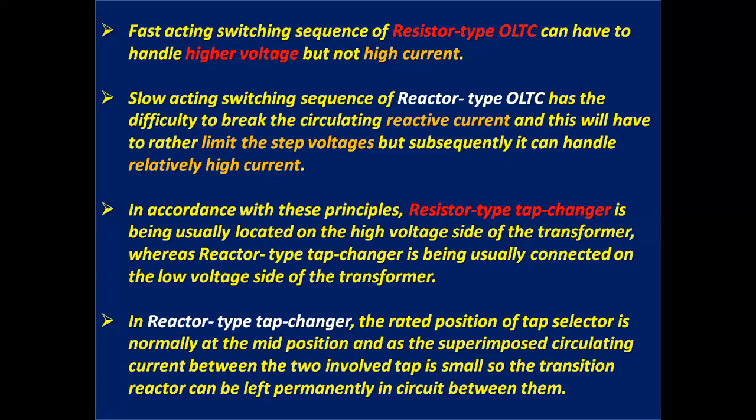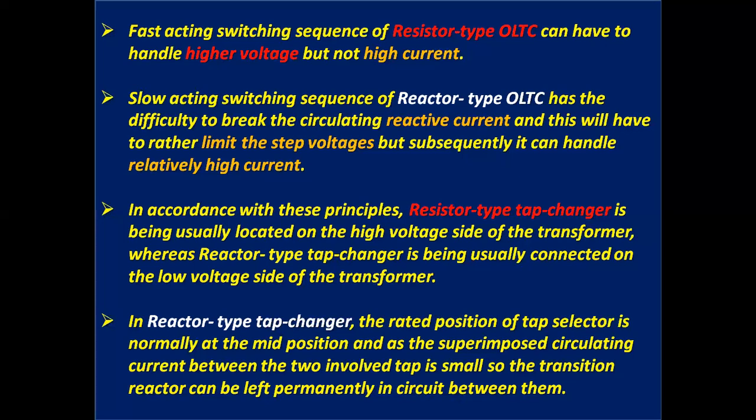In accordance with these principles, the resistor type tap changer is usually located on the high voltage side of the transformer, whereas the reactor type tap changer is usually connected on the low voltage side of the transformer.